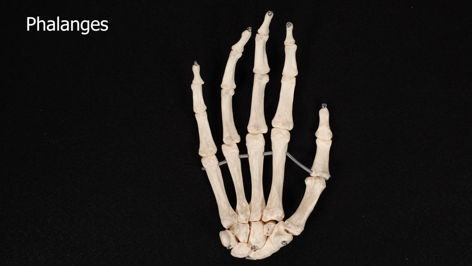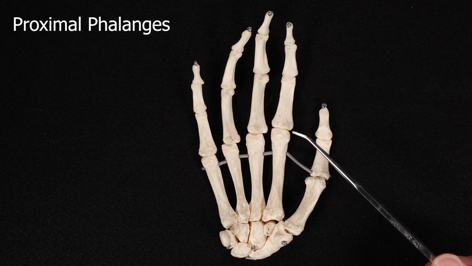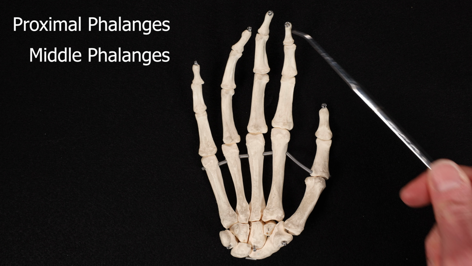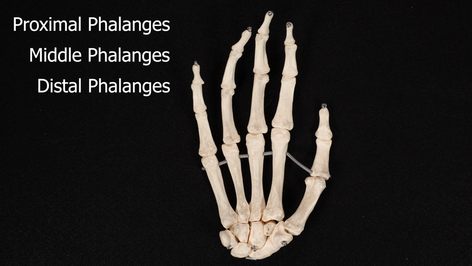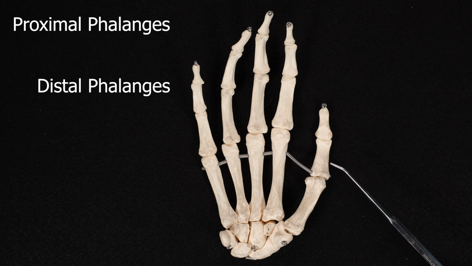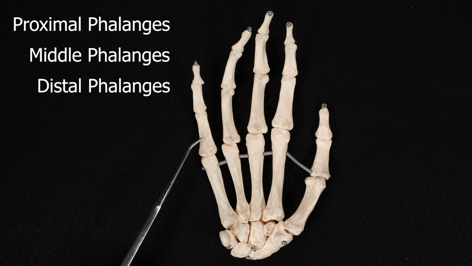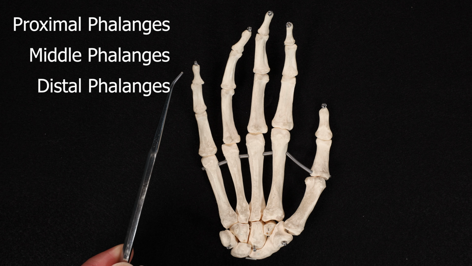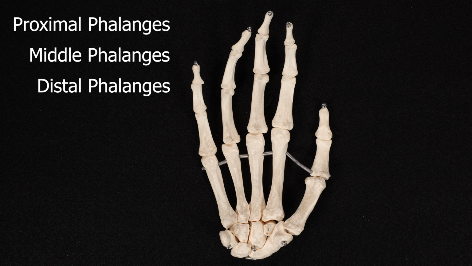Now the phalanges, we're going to have proximal, middle, and distal phalanges for fingers 2 through 5. The thumb only has a proximal and distal phalange. So if you go to the fingers that are fingers 2 through 5, you have a proximal, middle, and then distal phalange.